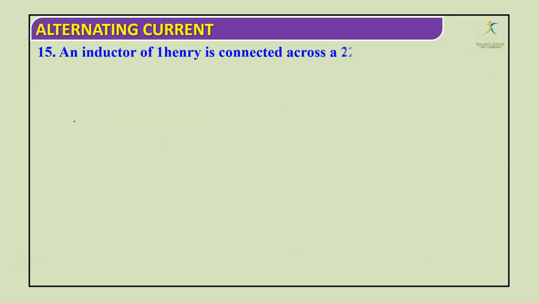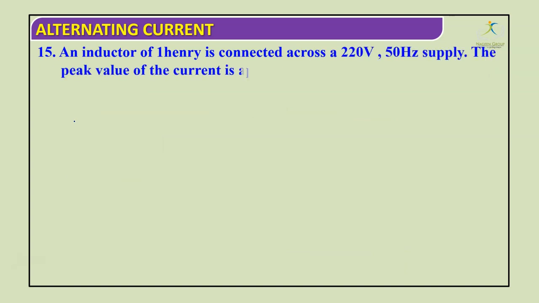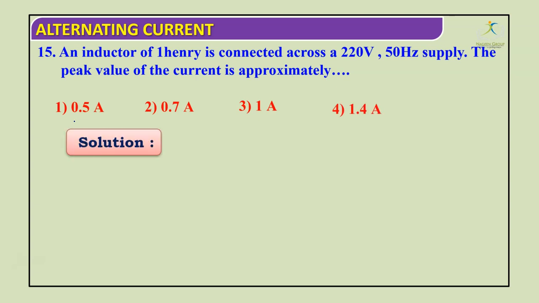Next question: an inductor of 1 Henry is connected across a 220 volt, 50 hertz supply. The peak value of current is approximately 0.5 ampere, 0.7 ampere, 1 ampere, or 1.4 ampere. Just move with the solution part. So I naught is equal to V naught by XL in the case of an inductor.